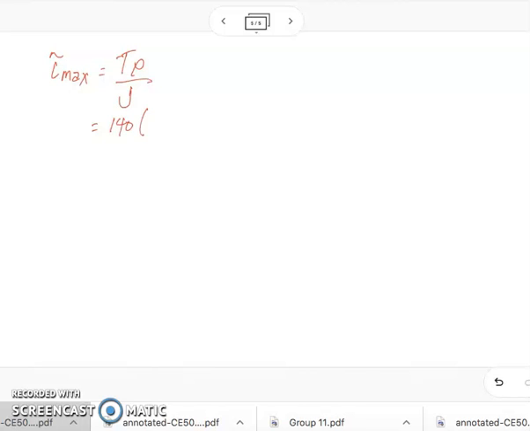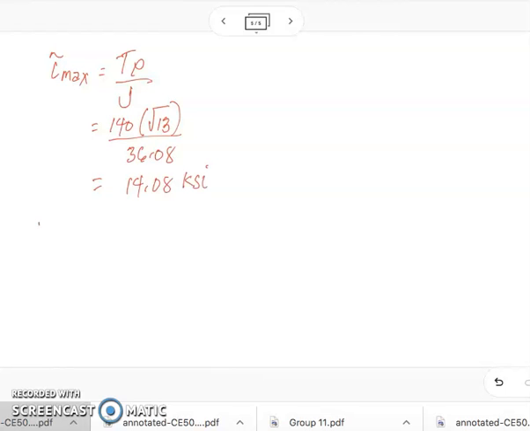Our rho is the square root of 13, the distance from one bolt towards the center of gravity. Since there are 4 bolts having this rho, this can be considered our maximum shearing stress. All over J, which is 36.08. If we simplify this, it gives us 14.08 ksi.